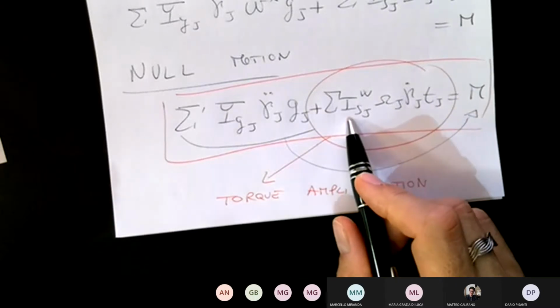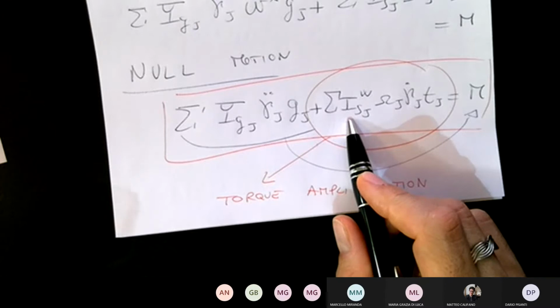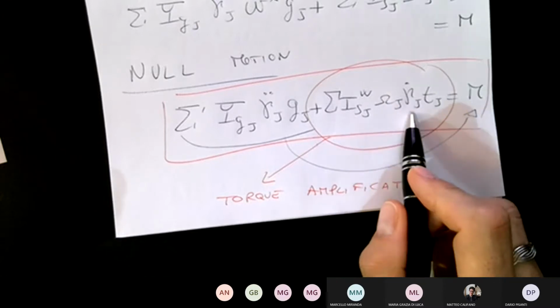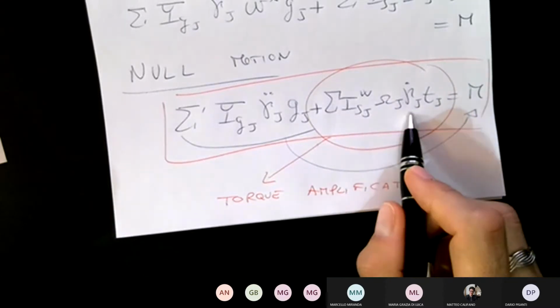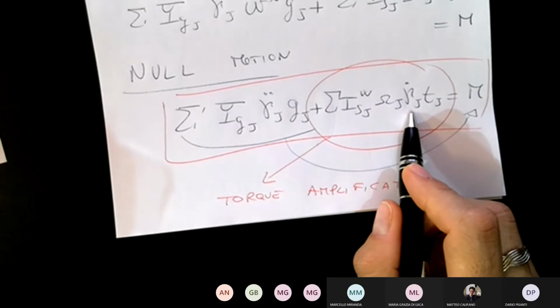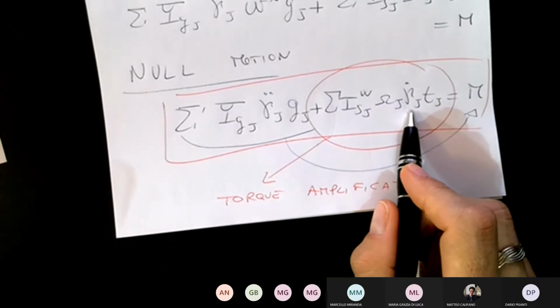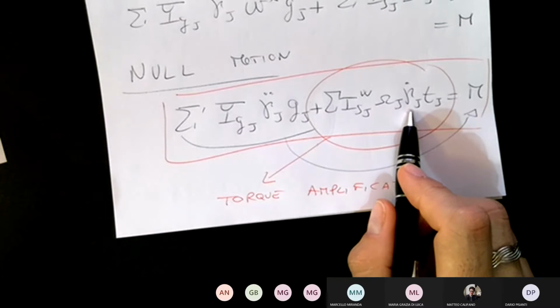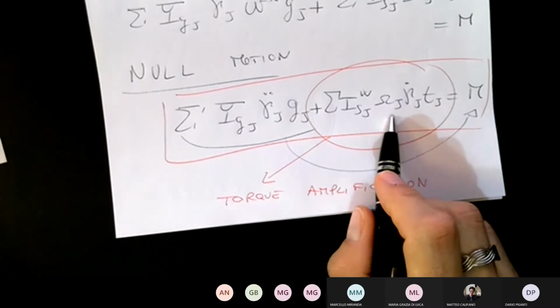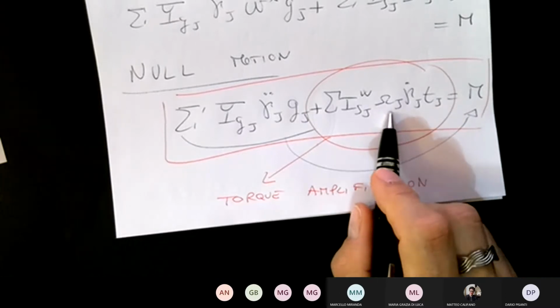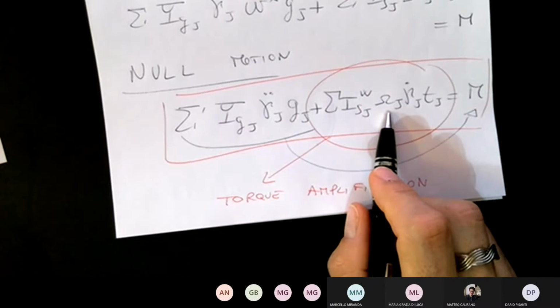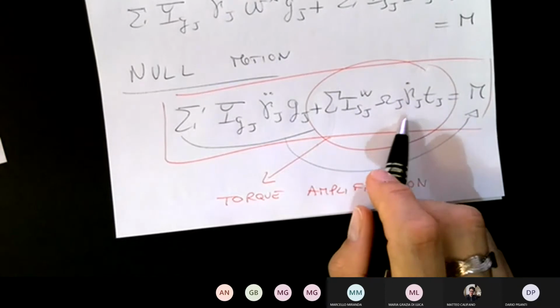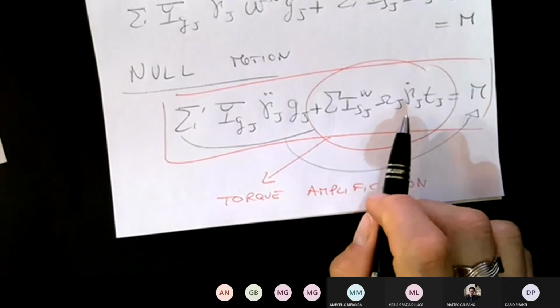This is the biggest moment of inertia you have for your momentum exchange devices, the spin one. And you are multiplying this times the gimbal rate. So for a relatively small gimbal rate, you can obtain pretty big torques, definitely bigger than if you were just using a reaction wheel.